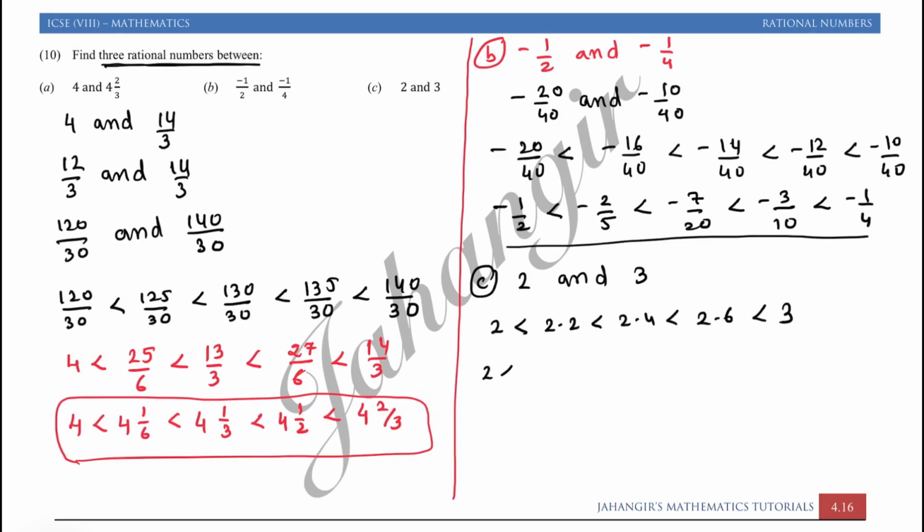You can even write like this: 2, 2.25, 2.5, 2.75, 3. ऐसा. See, you see equal gaps हैं between में. There are many numbers and many ways by which you can put three rational numbers between the given rational numbers.